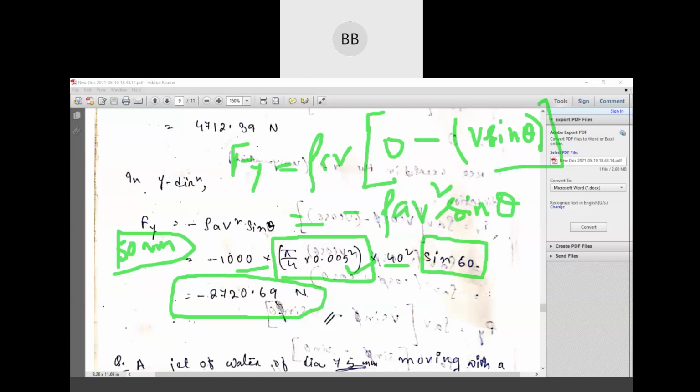Are you getting the same value, minus 2720.69 Newton? The unit is Newton.